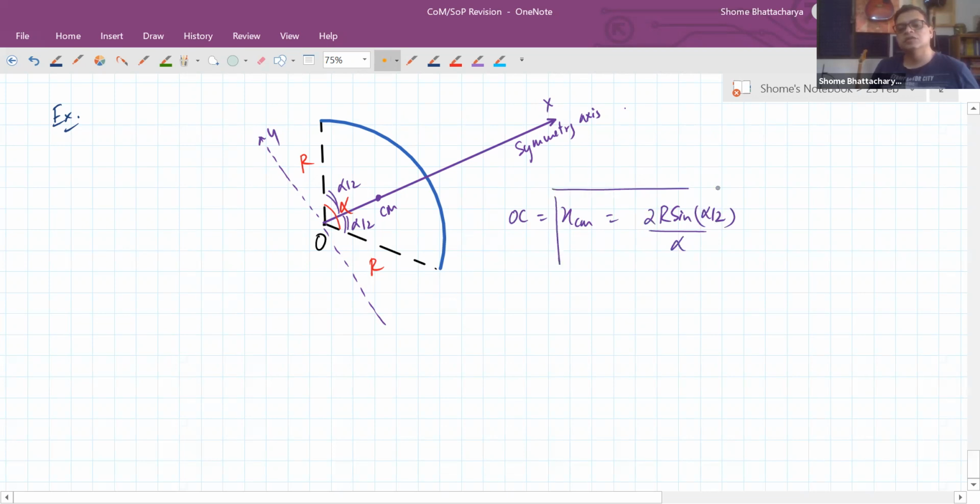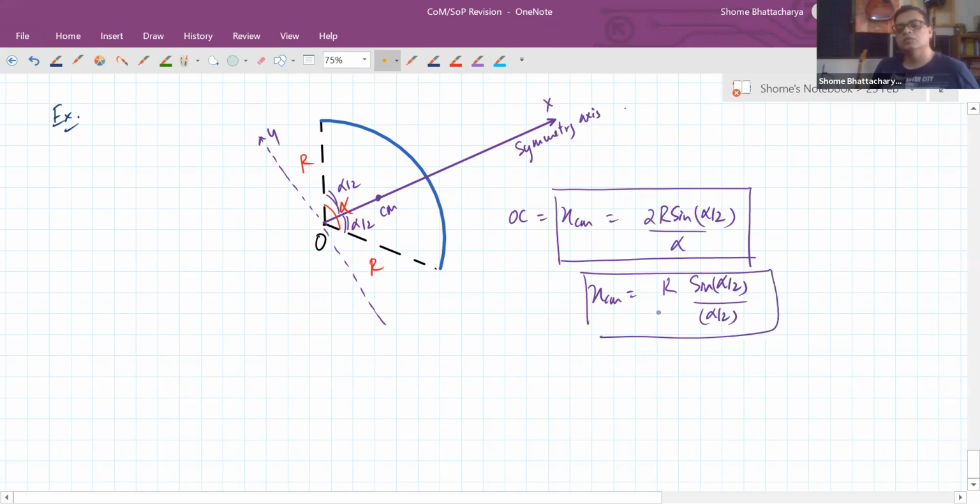Okay. So this is again a standard formula which you can derive by the same kind of method that we've done earlier. But more importantly, you can just conveniently remember this formula as r sine alpha by 2 divided by alpha by 2, where r is the radius and alpha is the angle subtended by the arc at the center of curvature.